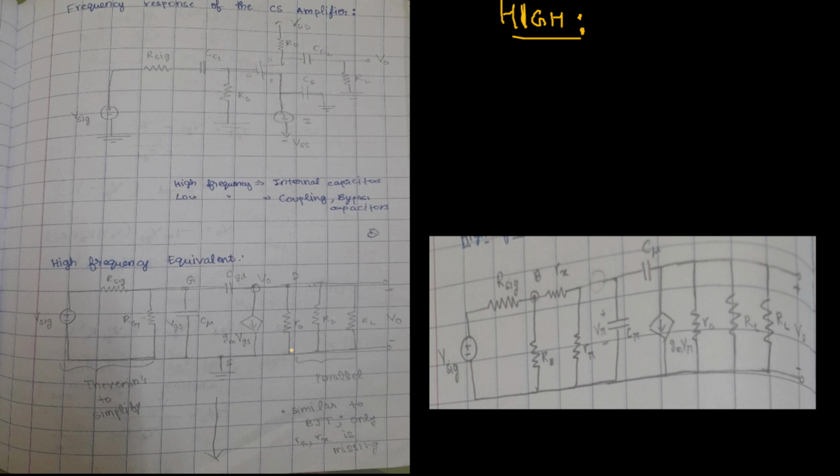You can see the output side remains exactly the same. We have R output, R drain and RC are the same thing, because drain is the equivalent of collector in the MOSFET. So this side is the same, and all we have to do is take these three resistors in parallel.